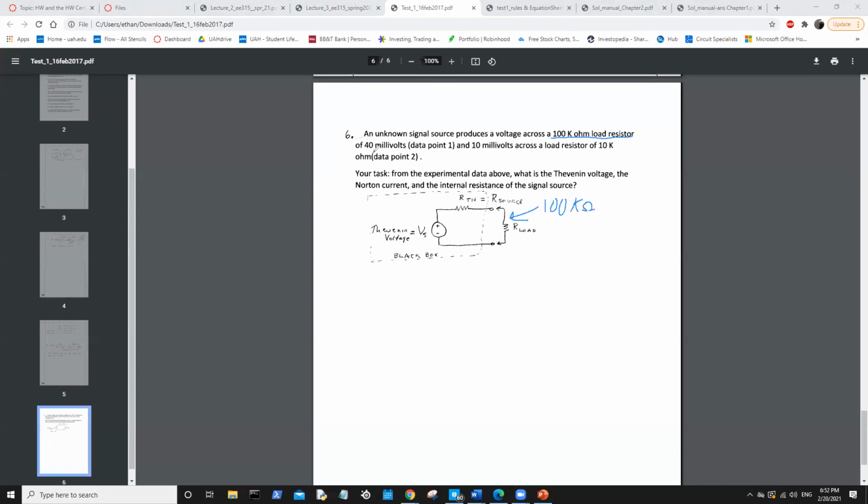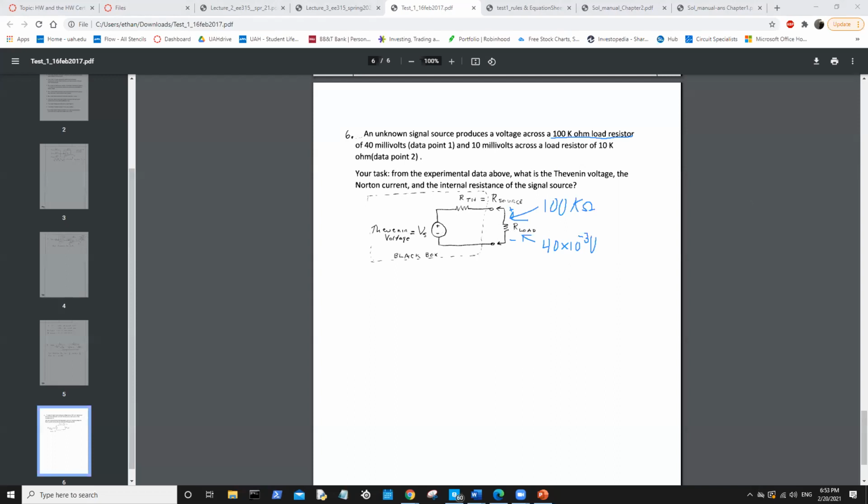And then we have a potential across this, 40 millivolts. Never mind, it's supposed to be 10 millivolts across the load resistor. There's two different things, essentially.